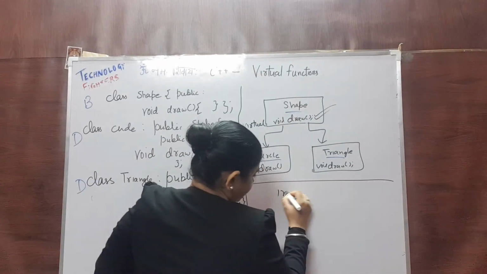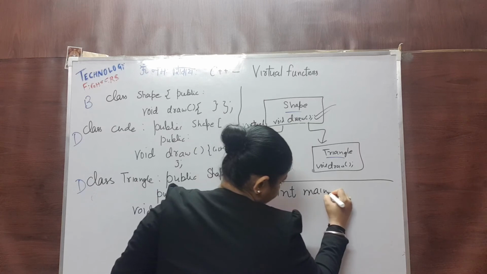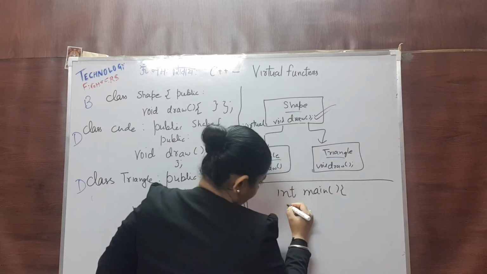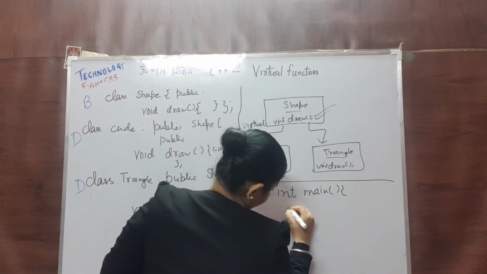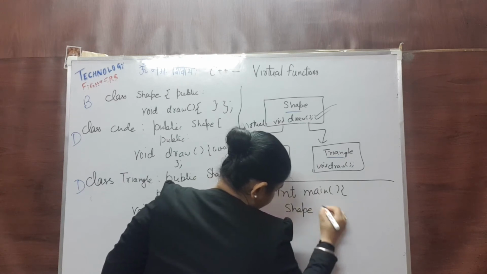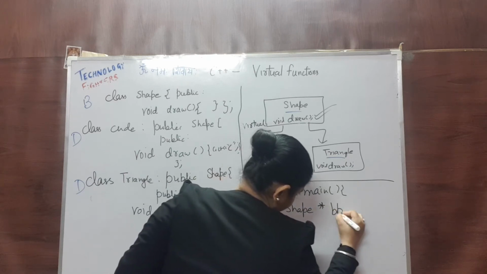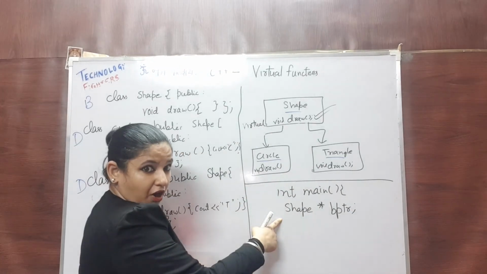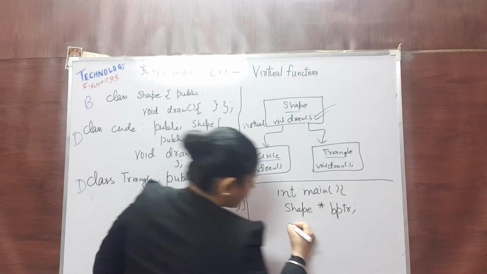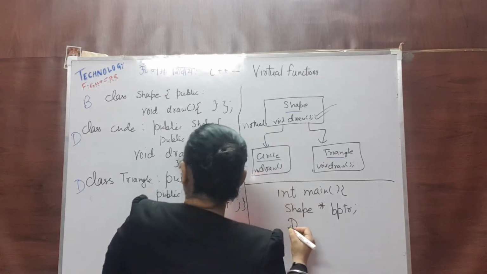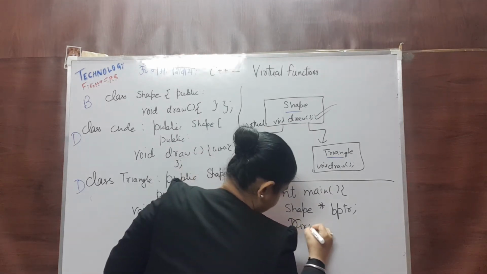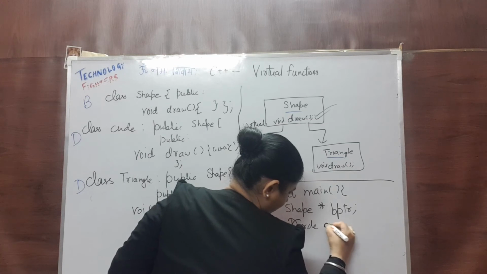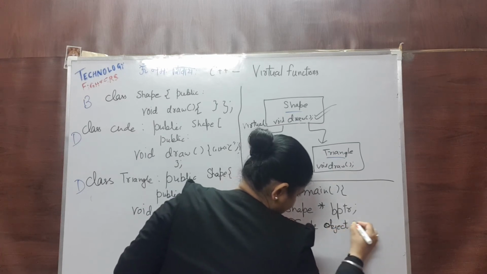Next, in the main function, I have created one pointer of the base class, bptr. Next, I have created one object of Circle, object c.